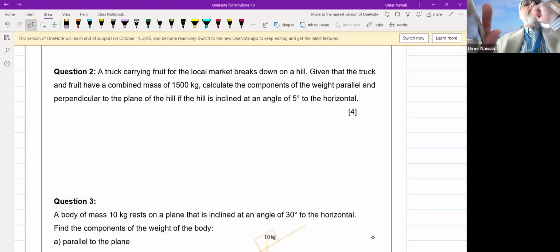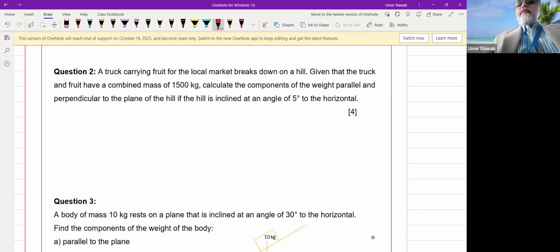Now we go to question number 2. A truck carrying fruit for a local market breaks down on a hill. Given that the truck and fruit have a combined mass of 1,500 kg, calculate the components of the weight parallel and perpendicular to the plane of the hill if the hill is inclined at 5 degrees.